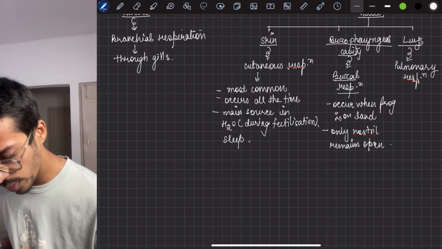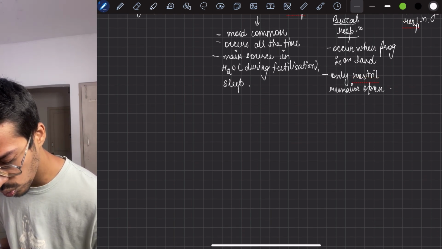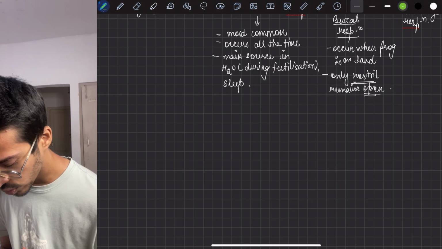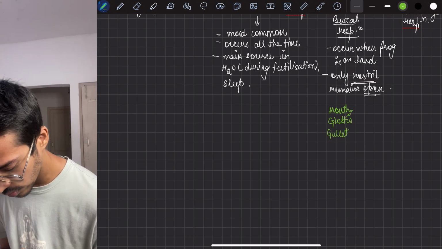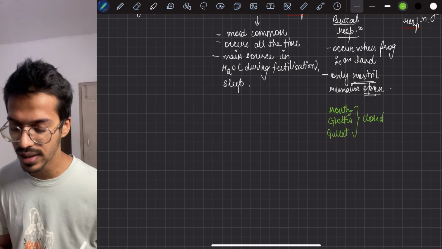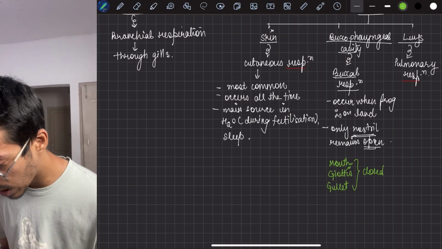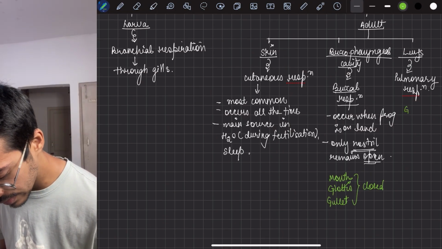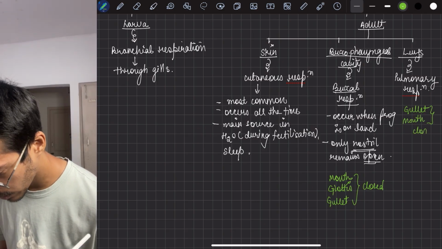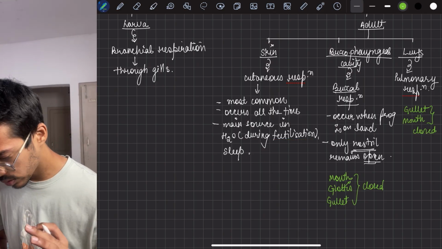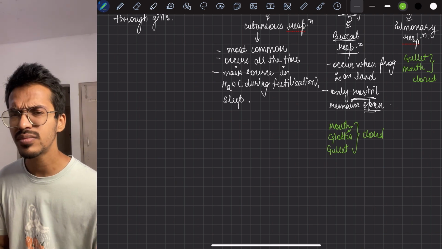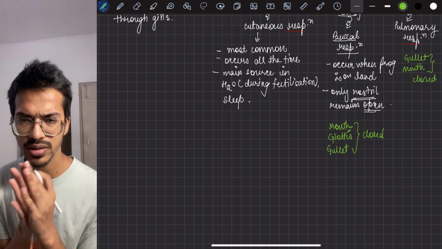A very important point is that the nostril remains open, while the mouth, glottis and gullet remain closed. When respiration through lungs is being done, the gullet and mouth are closed, and the glottis and nostril keep opening and closing. They keep on increasing the atmospheric pressure, same as in humans.